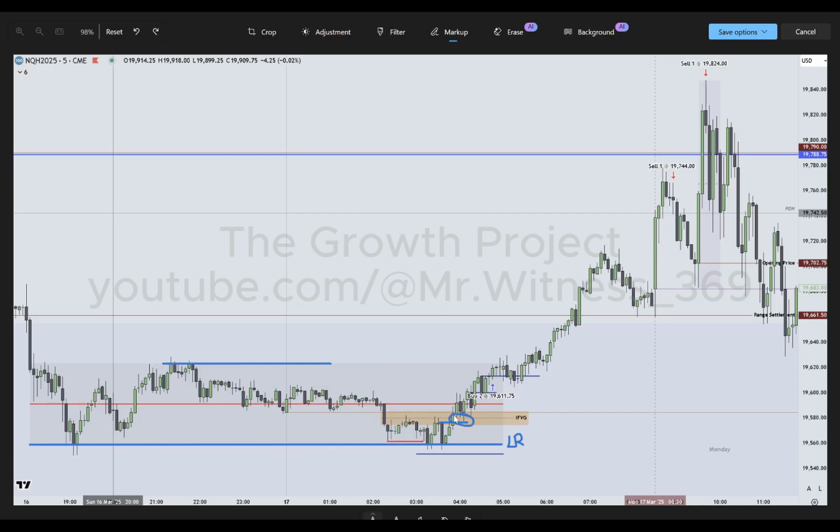So the best entry would have been here, right? I was bearish at this time, I did not enter here, but I am not entering late because I am still inside of this consolidation range. So as you can see, the market, so this is still on time. And what you can see is this is the first or the second way the market can deliver. It's the second one, right?